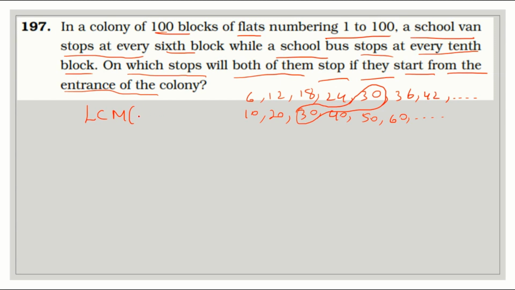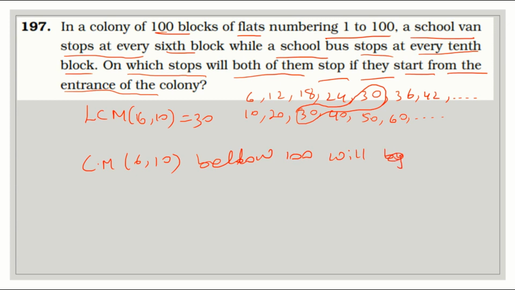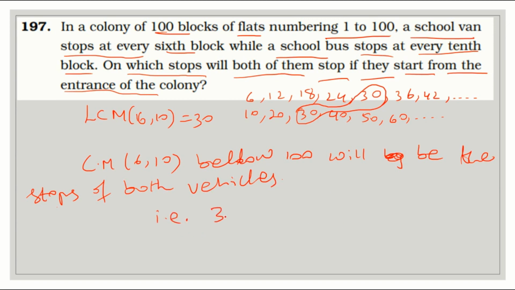So the LCM of 6 and 10 is 30, and the common multiples of 6 and 10 below 100 will be the stops of both vehicles, that is 30, 60 and 90 will be those common stops.